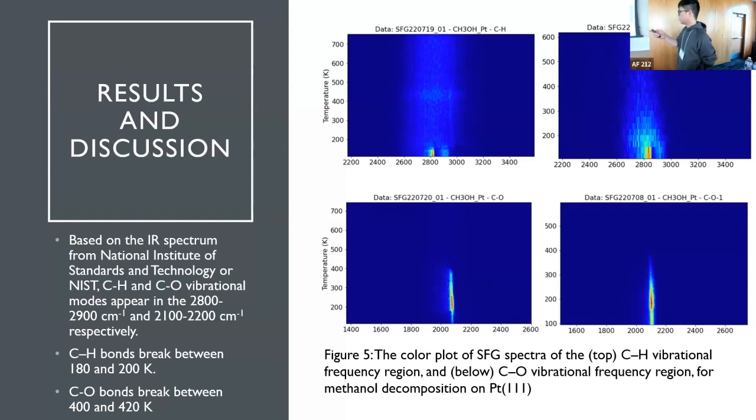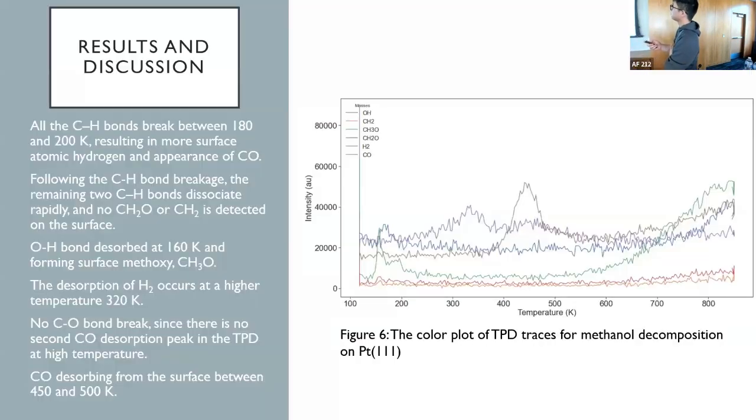From analyzing the SFG, we know that the OH bond breaks between 180 and 200 K, and the CO bond breaks between 400 and 420, and CH is between 180 and 200. We use those data and compare with the TPD. We know that the CH bond break between 180 and 200 will result in more atomic hydrogen and appearance of C2.